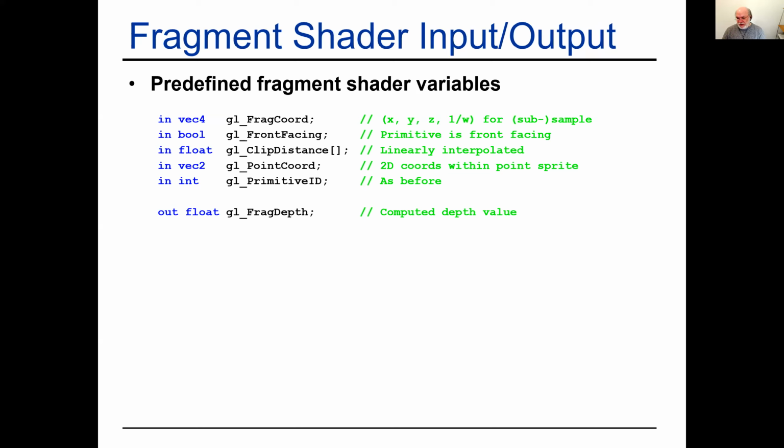And so you get to know where you are in the local coordinate system of the point. You can use that, for instance, for shading the different samples inside a quote, OpenGL point, the primitive ID, and you can output the fragment depth, of course, as well as color and other data.